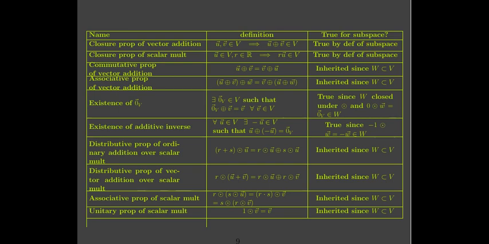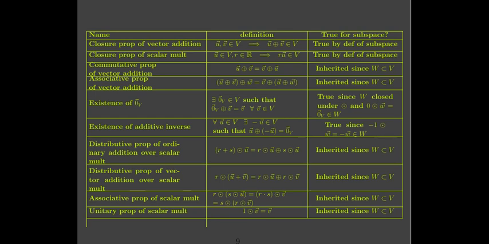But the other ones are inherited, because since all the vectors in W belong to V, the vector addition properties have to hold because those are vectors which are also in V. The distributive properties have to hold, again, because all of the vectors in W are vectors in V. And the other scalar multiplication properties hold for the same reason.